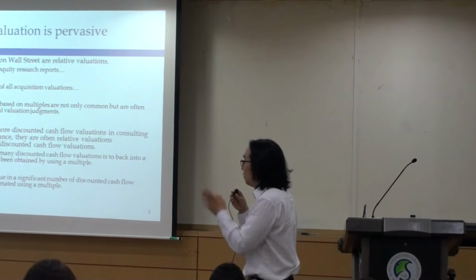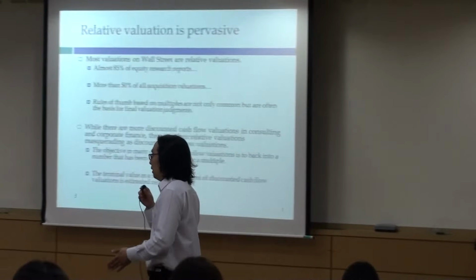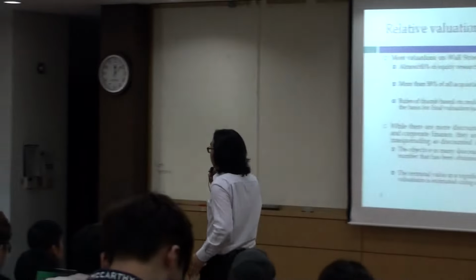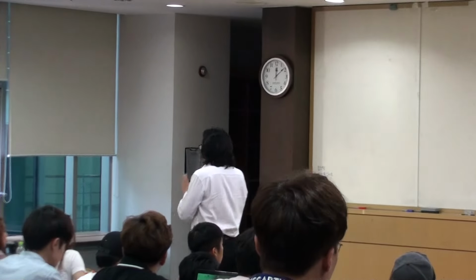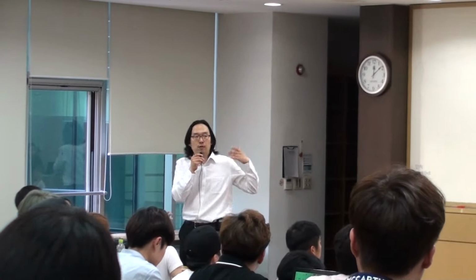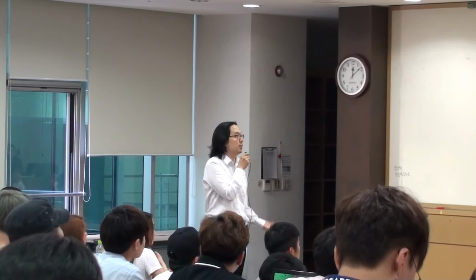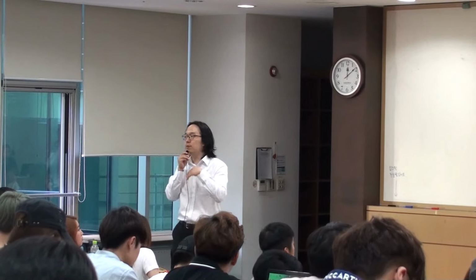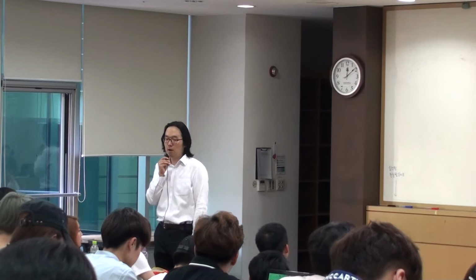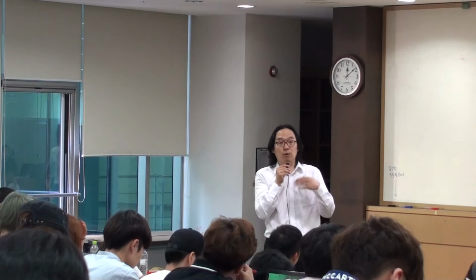So you need to have firm understanding, solid understanding of DCF to be able to work with multiples. Okay? That's why we allocate most of the time for DCF first. And relative valuation is kind of something you come up with all the time. Different people come up with different multiples all the time, right?